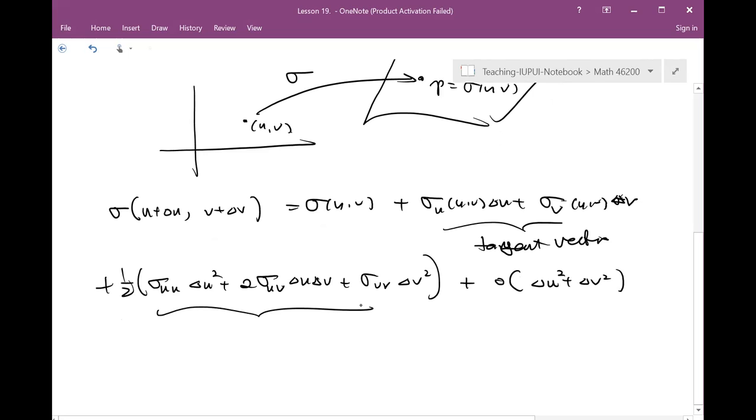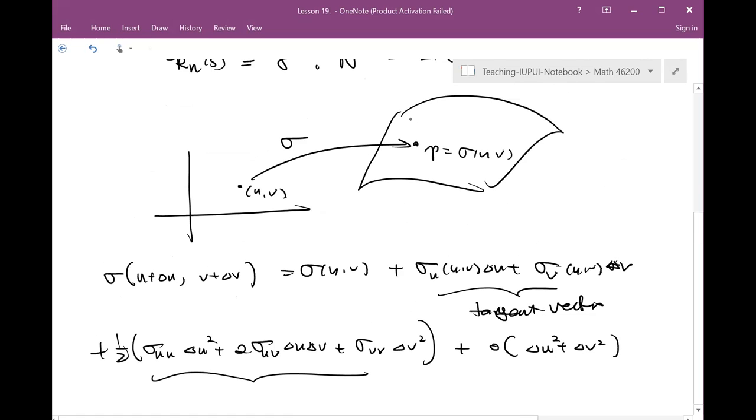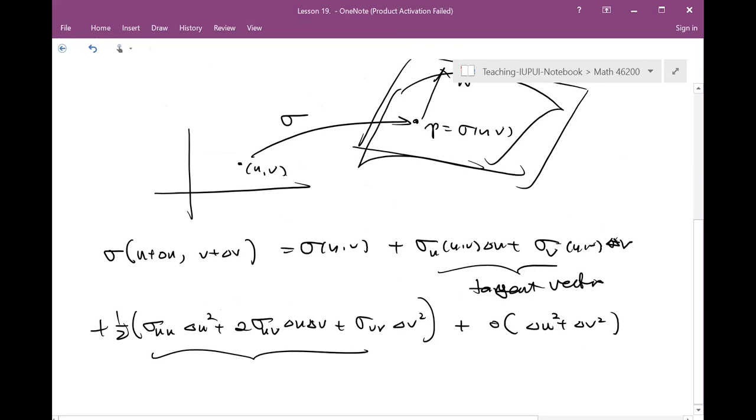But this vector has two parts. In the tangent space, on this plane, you have a normal vector. So this can be decomposed into two parts.